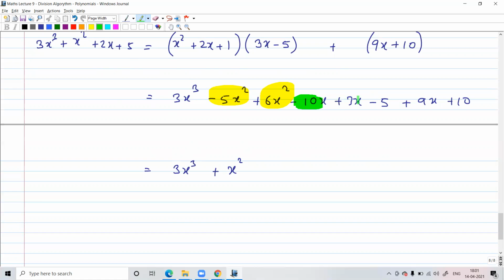We have this as an x term, this is also an x term, and this is also an x term. 3x terms we have. Simplify all the three. So 9 plus 3, 12, and 12 minus 10 will become plus 2, so 2x. And then minus 5 and plus 10 will give you plus 5. So we get LHS is equal to RHS.